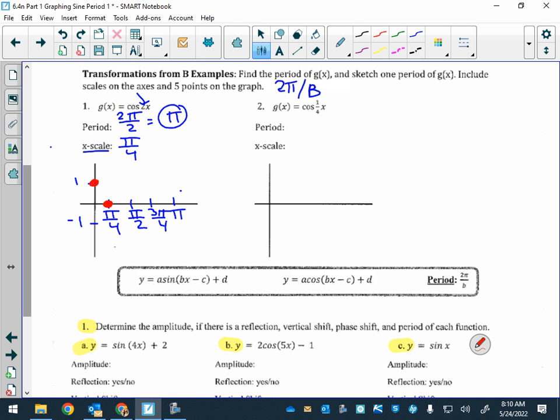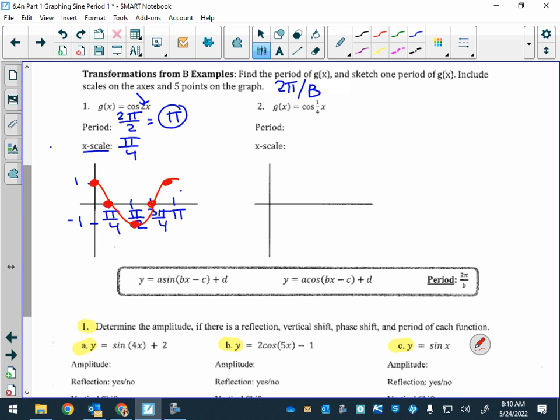Pi over 2, then 3 pi over 4, 0. Okay? So when you see this on your calculator in a little bit, you're going to see one full rotation is cut in half. You finish in half the time.